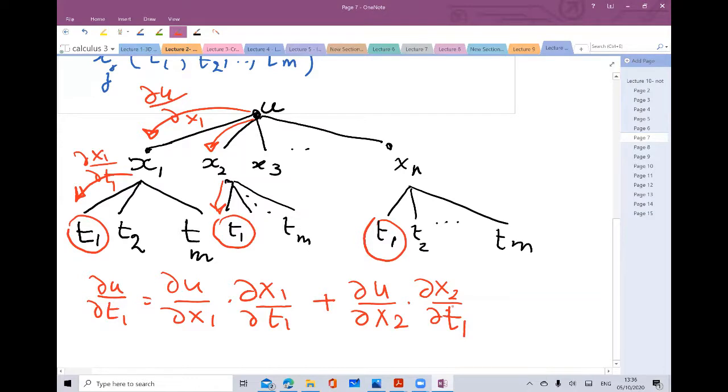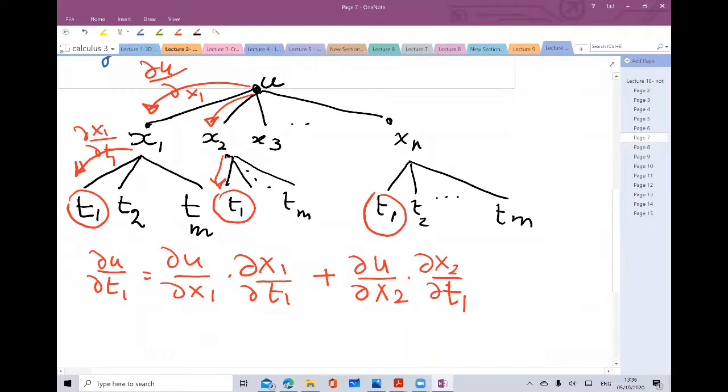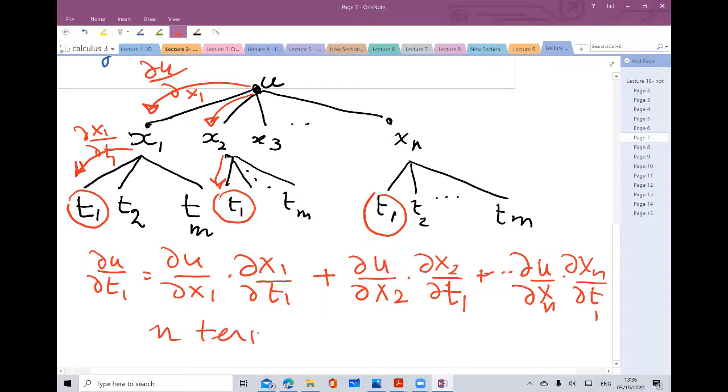I'm ending up with t1 always, up to the last term, the nth term, partial u partial xn times xn with respect to t1. Now I have n terms because I started with n variables within the function u.